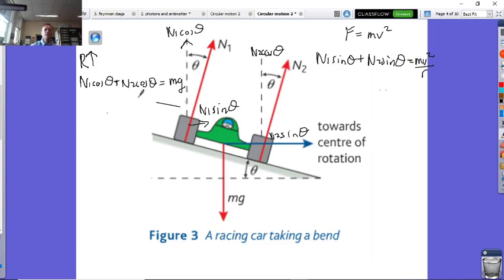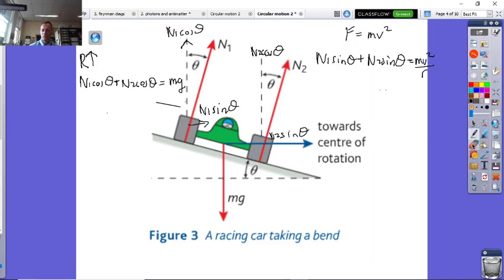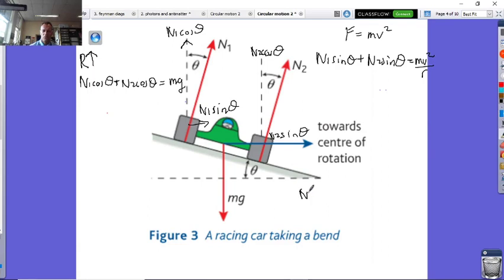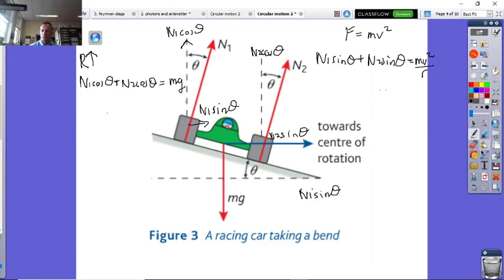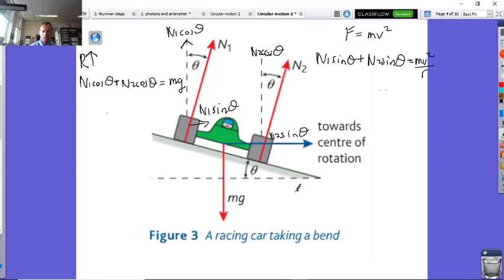Now, the next thing I'm going to do is take that equation there, the N1 sine theta, and rearrange it a bit. I'm going to take the sine theta out, so in my bracket it's going to have N1 plus N2, and that must be equal to my mv squared over r.